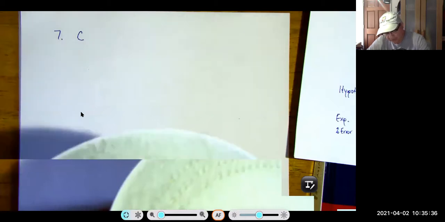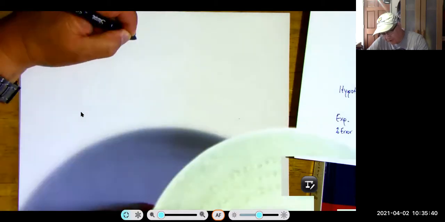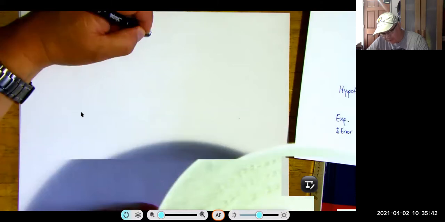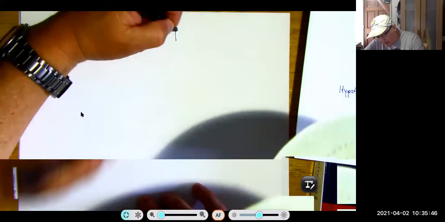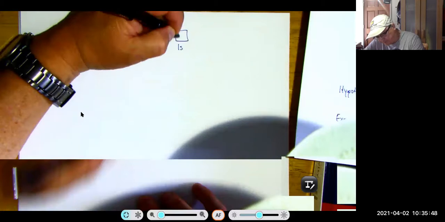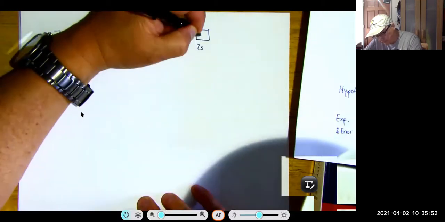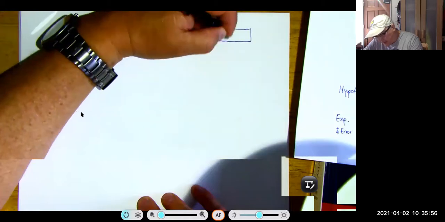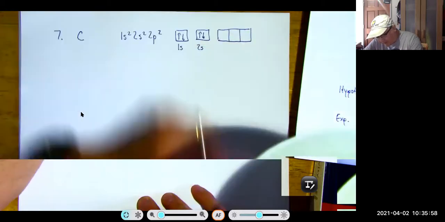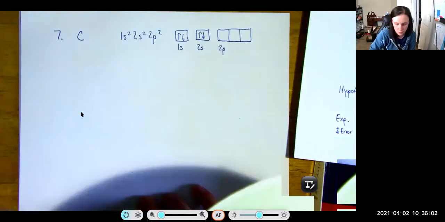Okay. So carbon is 1s2, 2s2, 2p2. And for these, I usually like to look at the orbital box diagram. How do these electrons go into the 2p? One up in each.